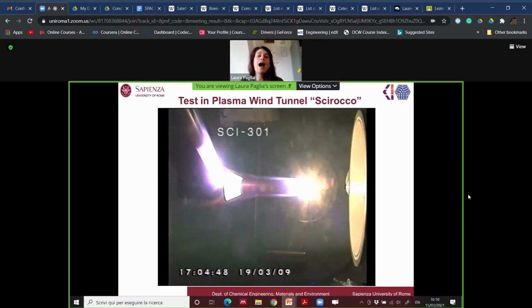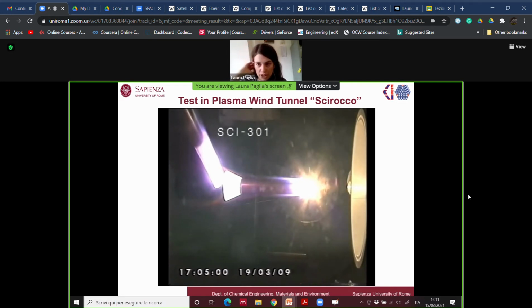Then, after this condition, the probe can enter inside the heat flux, and it remains inside the heat flux for the time established at the beginning. Obviously, we cannot see exactly what happened to the material because of the high temperature.